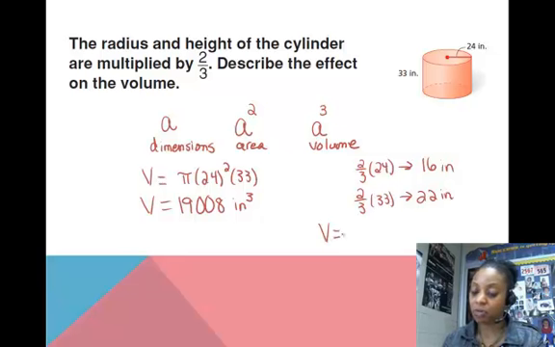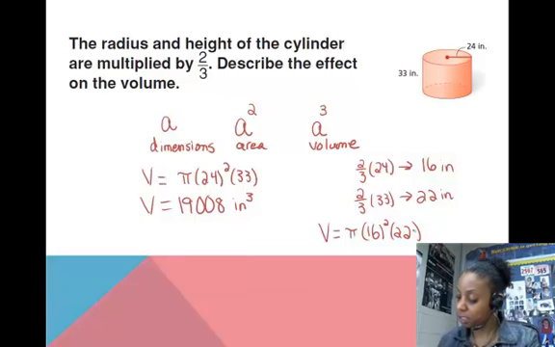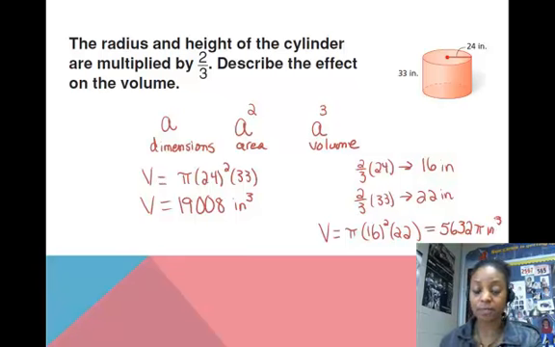Now, if we find our new volume, it's going to be pi times 16 squared times 22. So 16 squared times 22, and that gives us 5632 pi cubic inches.